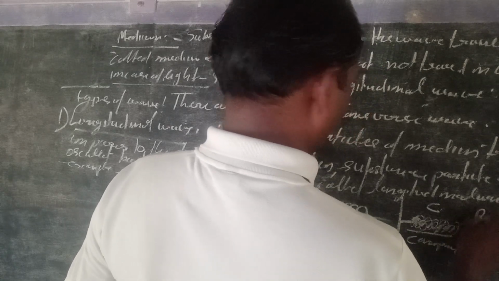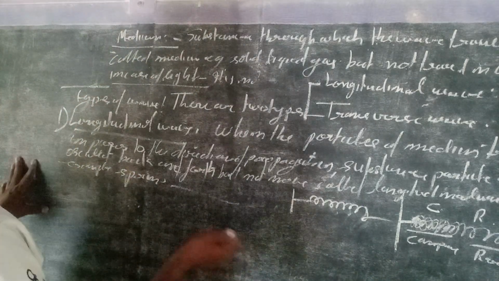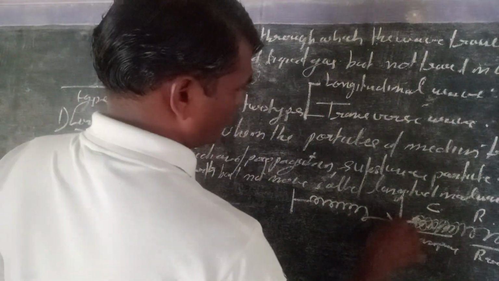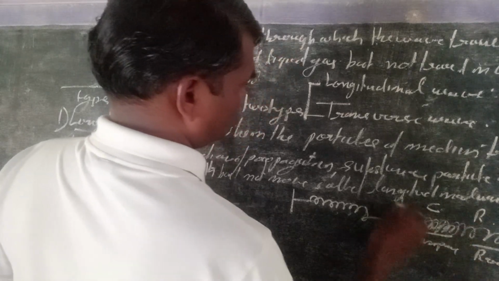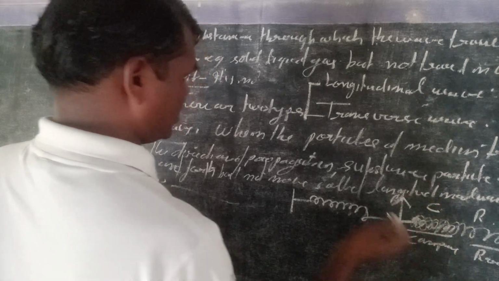So C and R are here. Compression and rarefaction are the two things we have seen here.